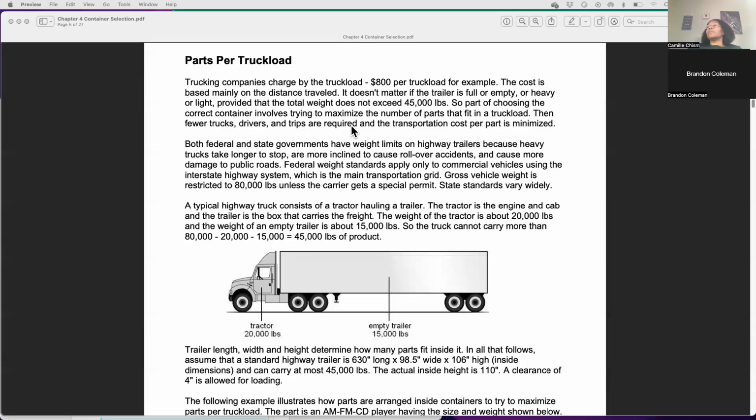Okay, so I mentioned before that there are weight limits that are based on state and federal government limits. And besides tearing up the suspension, they do take longer to stop. I don't know if you've ever had the experience of being on a highway or on a road and having a truck right behind you that stops and you don't think they're going to stop.